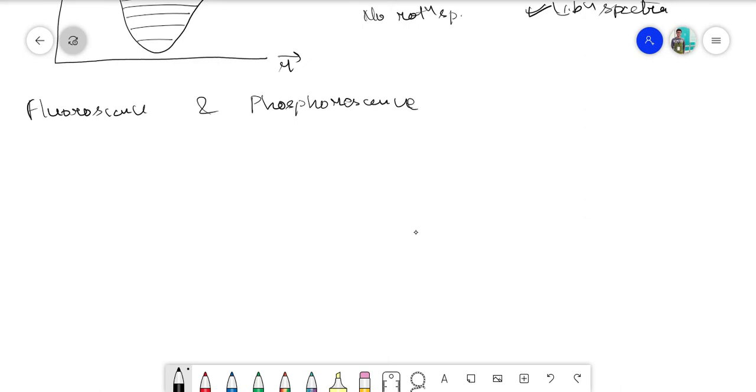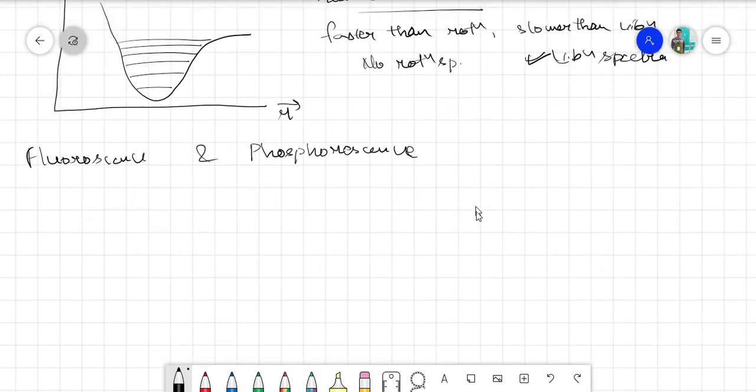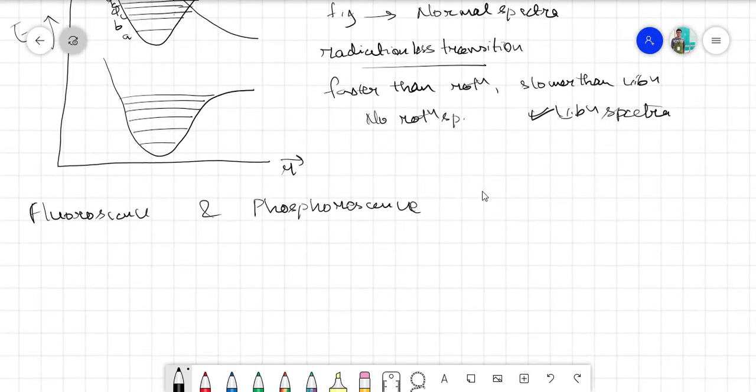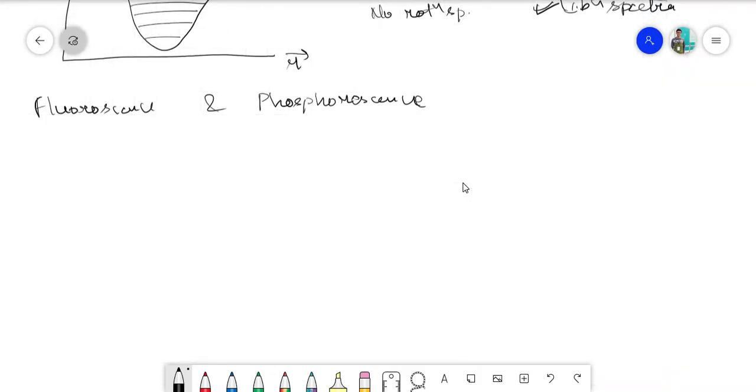Whenever a transition to a higher excited state occurs, the molecule tends to come back to its lowest stable state, that means the lower energy state. This is the case of emission spectra. So far we had seen only absorption spectra. Now this is the emission spectra, when the molecules emit energy.